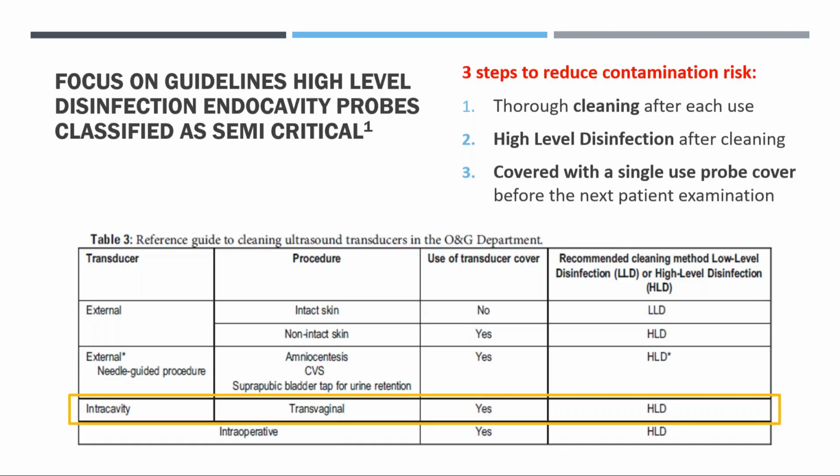And again, for added safety, the device should be covered with a single-use probe cover before the next patient examination. And there's a reference guide to cleaning ultrasound transducers in obstetrics and gynecology. So again, for a transvaginal probe, for instance, you want to use a cover and high-level disinfection.